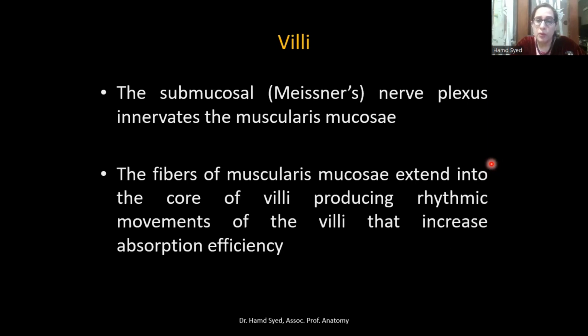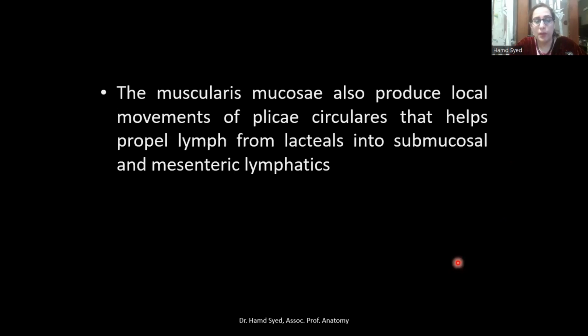And the fibers of the muscularis mucosae, which is the innermost layer of the mucosa, extend into the core of the villus, and they are responsible for producing the rhythmic movements of the villi, which increase the efficiency of absorption. The muscularis mucosae also produce local movements of the plicae circularis, and this helps in propelling the lymph from the lacteals into the submucosal and mesenteric lymphatics.